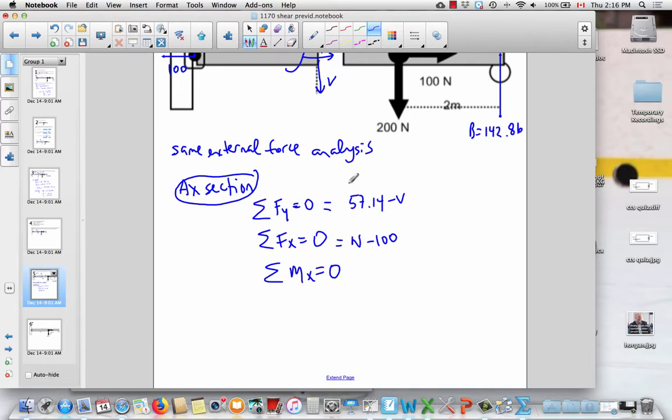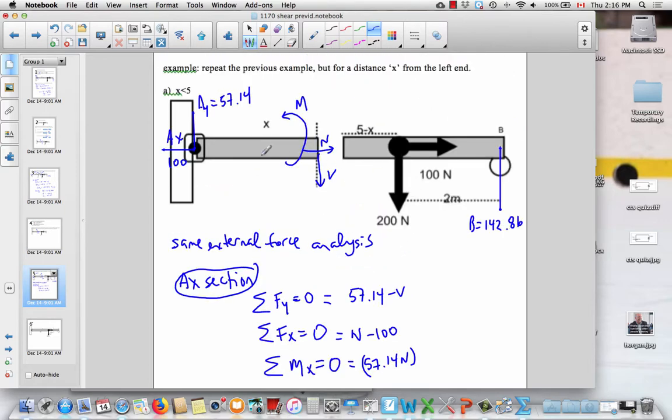For moments about this section, we still have 57.14 newtons, but now the distance to the section is no longer 3 meters, it's a variable x. That's the moment of the AY force about the section, and it must be balanced out by this internal bending moment.